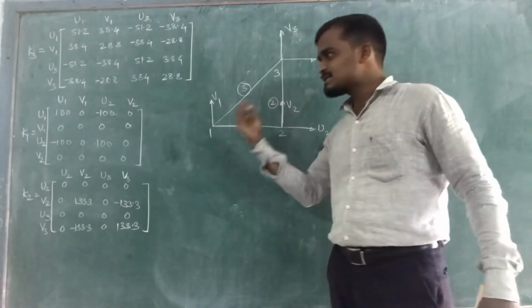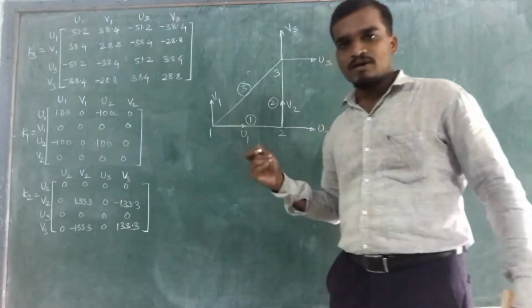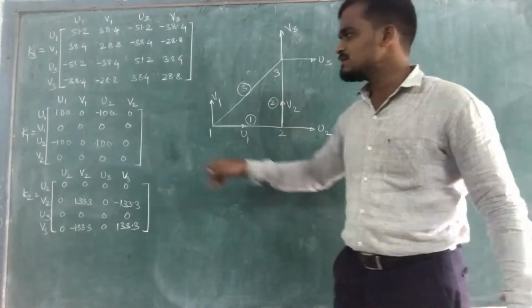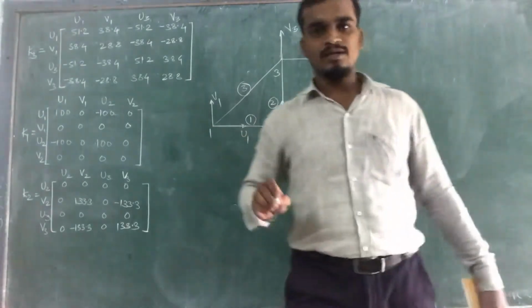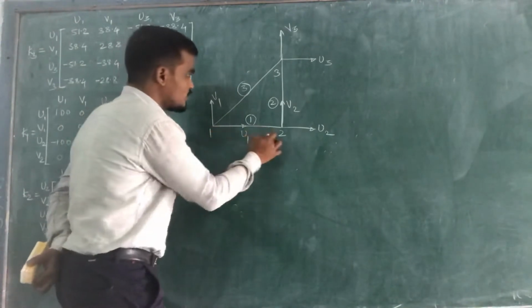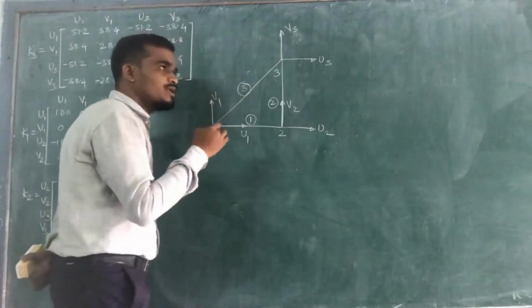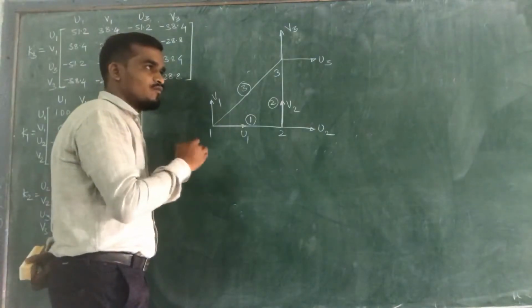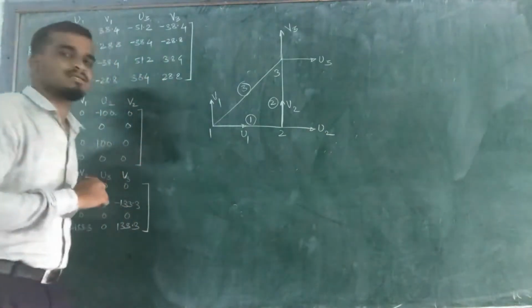Now the next step is what? To construct the global stiffness matrix by using these elemental stiffness matrices. As we know that there are three nodes, 1, 2, 3, first we need to decide the order of the global stiffness matrix. So what will be the order of the global stiffness matrix?